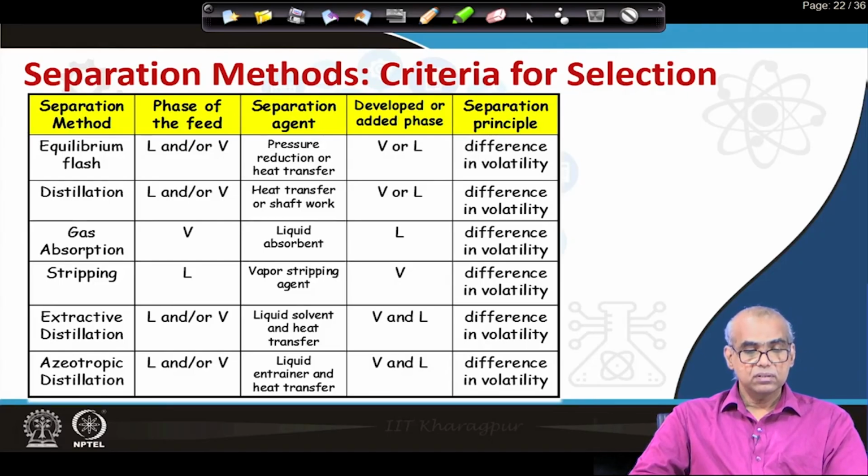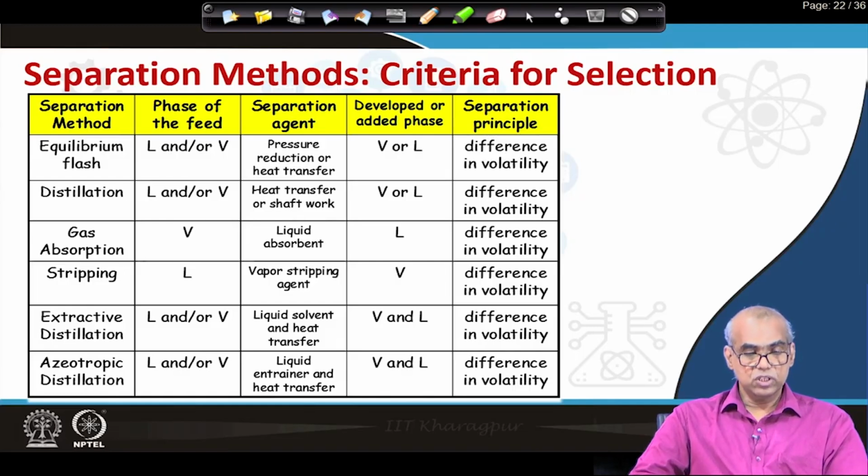For example, for the separation method equilibrium flash, the phase of the feed is generally liquid and or vapor. Separating agent is pressure reduction or heat transfer. Developed phase is vapor or liquid, and the separation principle that is used is difference in volatility.